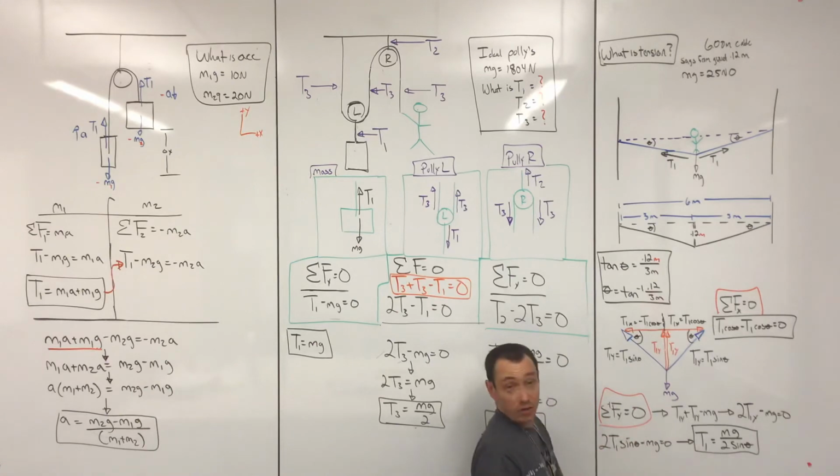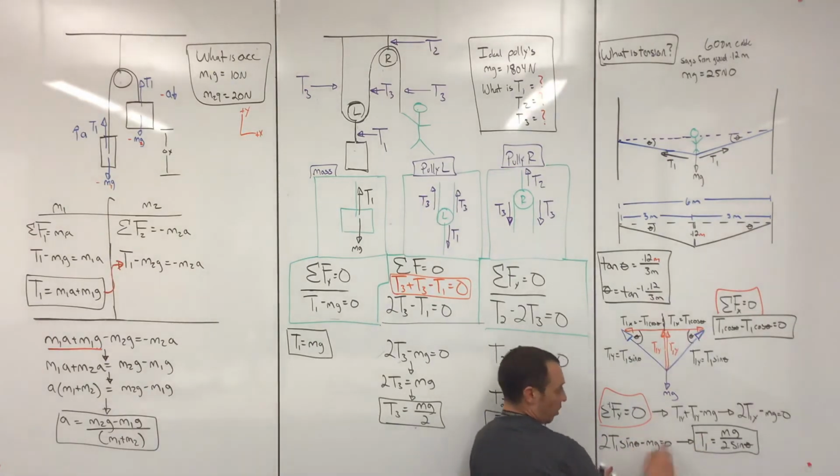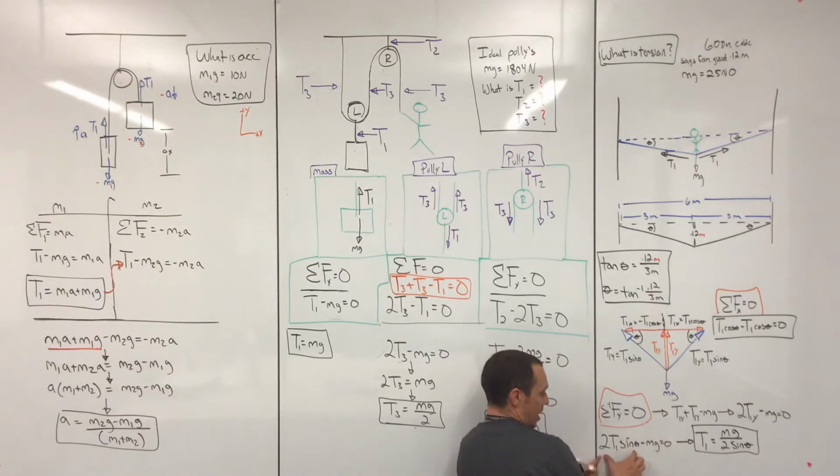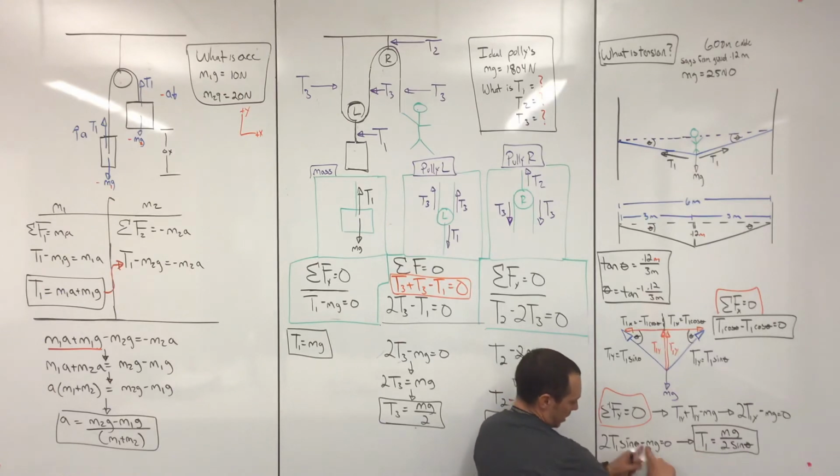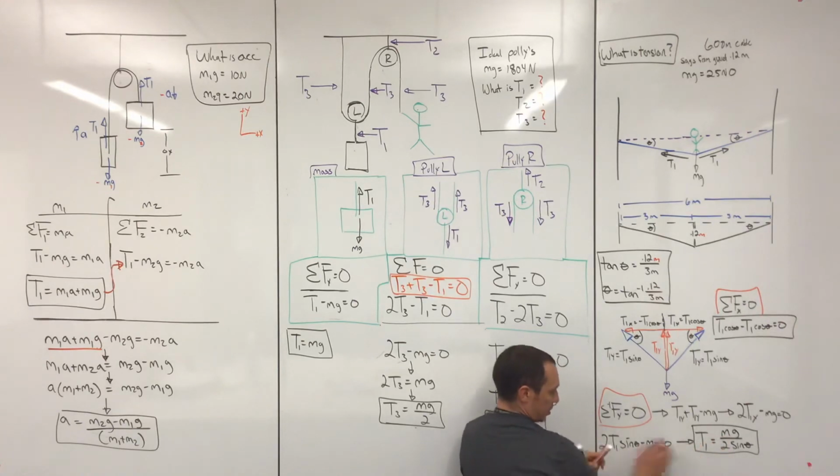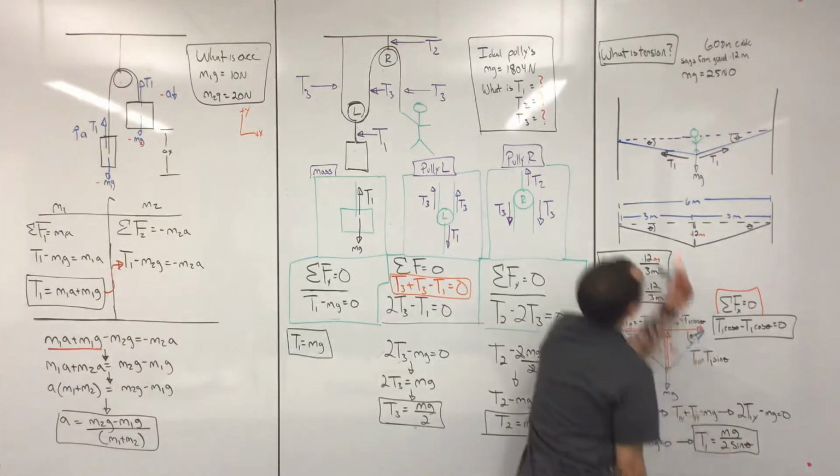Now we just solve for T1. First we bring mg over, and then 2 sine theta is going to divide underneath mg, leaving just T1 on this side. And there's the tension, and that's how you get it.